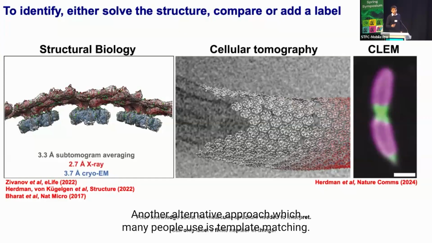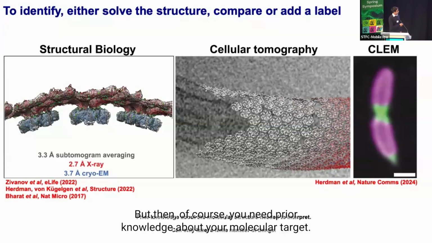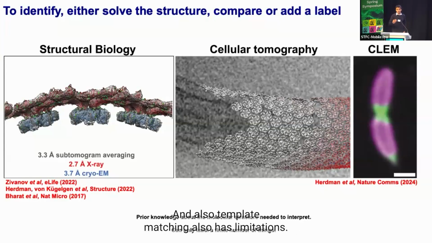Another alternative approach, which many people use, is template matching. But then, of course, you need prior knowledge about your molecular target, and template matching also has limitations.